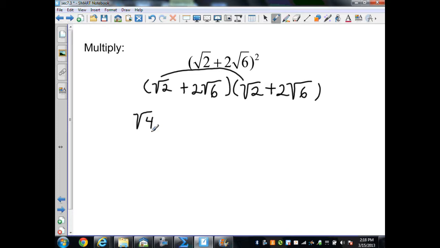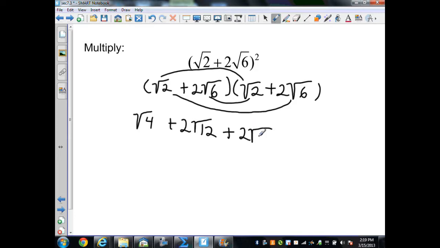We could simplify right away, but I'm just going to wait to the next step. My outer is going to be a positive 2 square roots of 12. My inner is going to be a positive 2 square roots of 12. And my last is going to be a positive 4 square roots of 36.